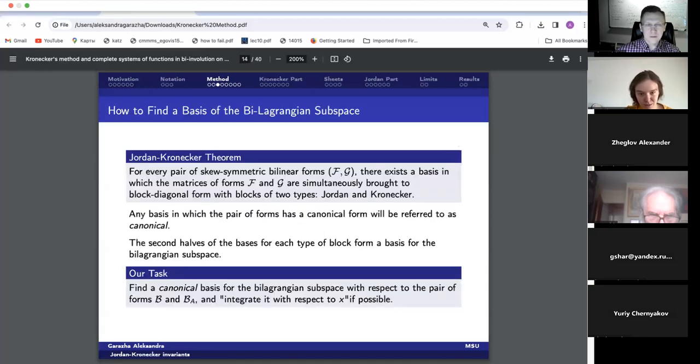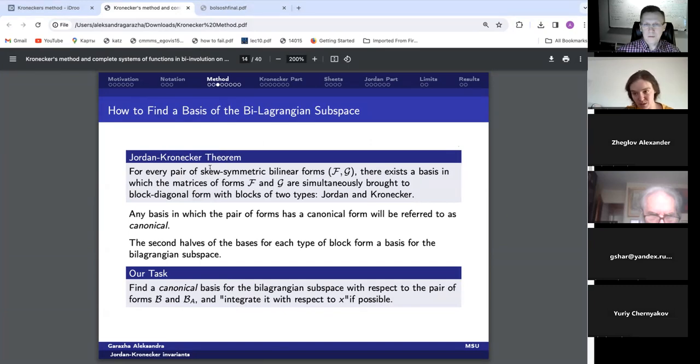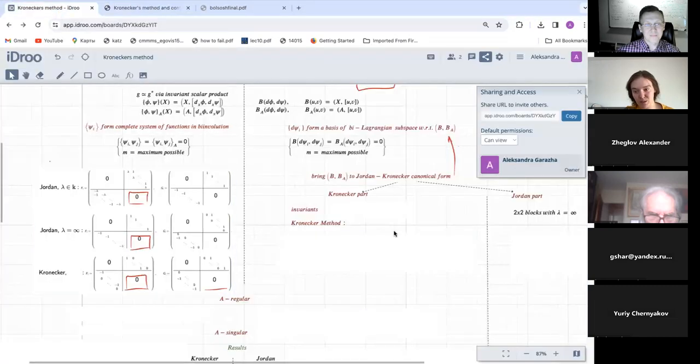Yes, we need to have such a theorem, we need an algebraically closed field. But if in our case we know that the eigenvalues will be only infinity, then it's not important.